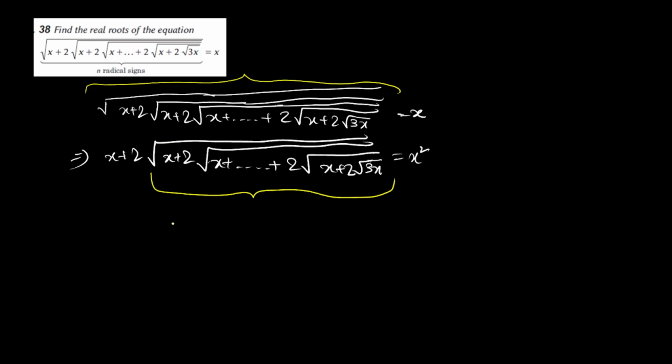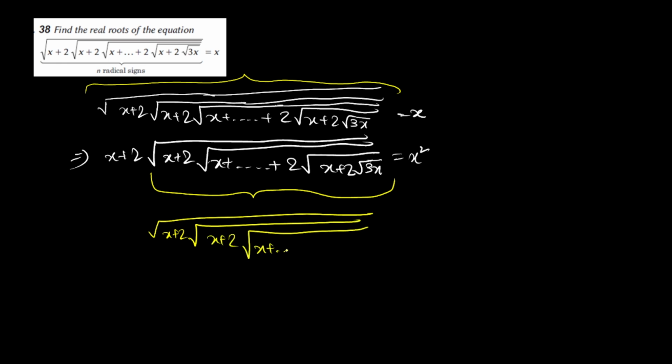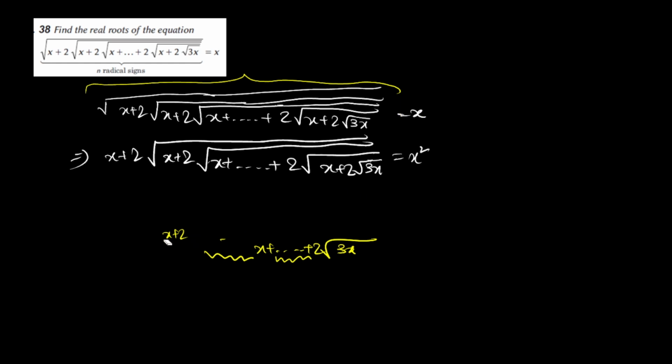We can write this part as root of x plus 2 root of x plus dots plus twice root of 3x. It means that there is something just like this in between, with many dots again. Therefore we can write it as x, as it was given in the first equation.